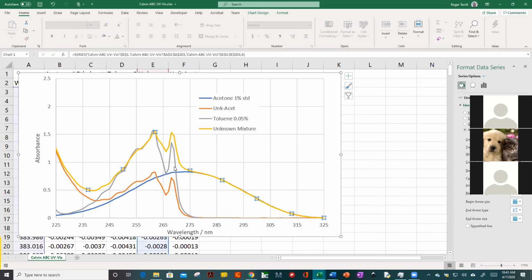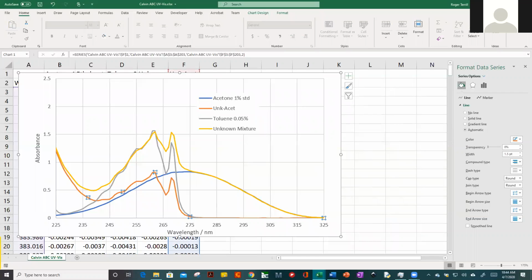So there's the mixture, there's toluene in the standard, and there's the net toluene in the mixture relative to this, and then we can see what that is relative to the standard here. So based on this, who wants to try?